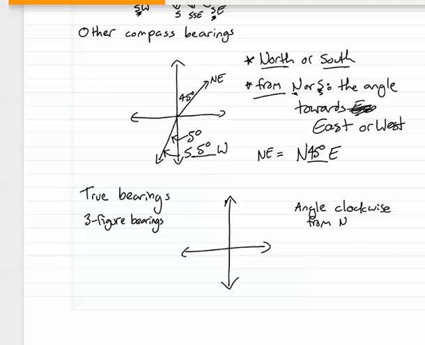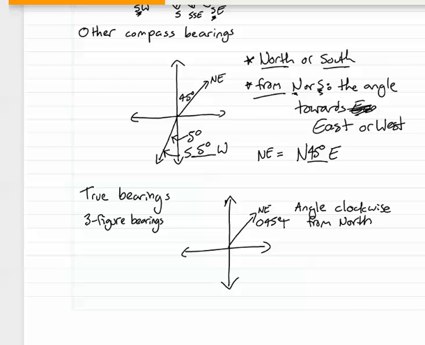So if we had northeast again, that is 045 degrees true. They're always given as 3 digits, hence three-figure bearings, and with a T afterwards for true.